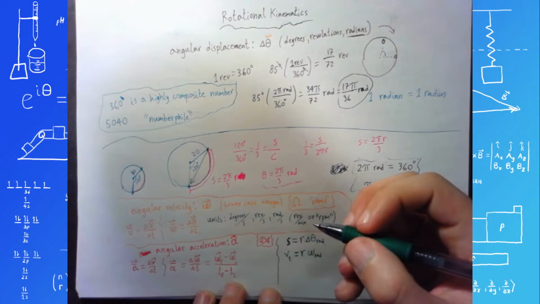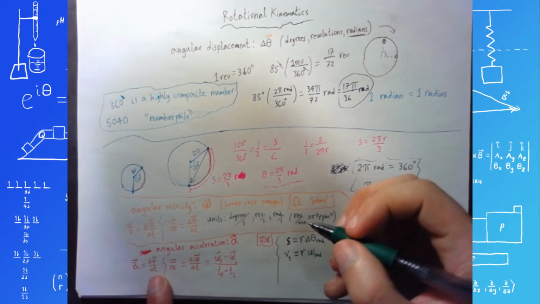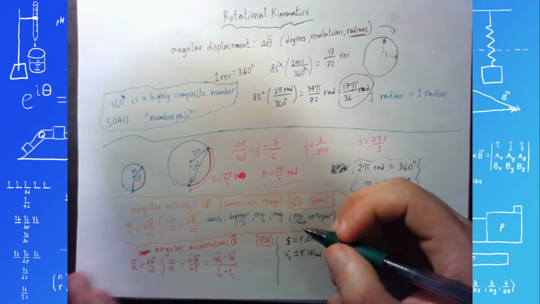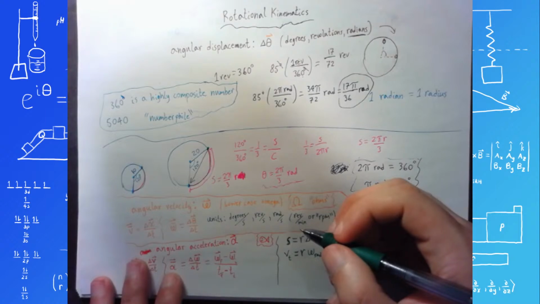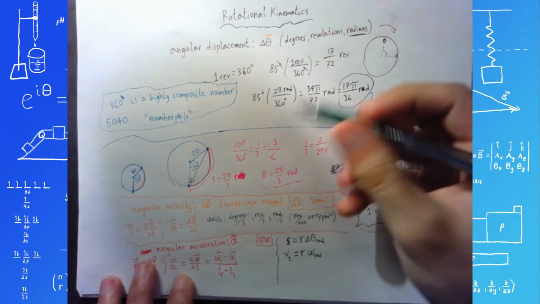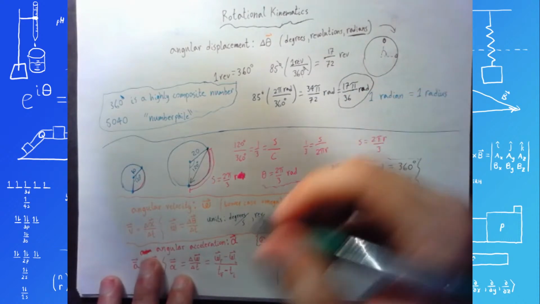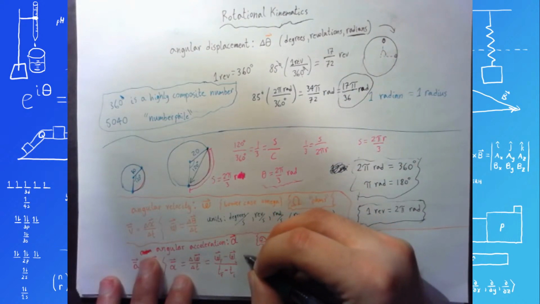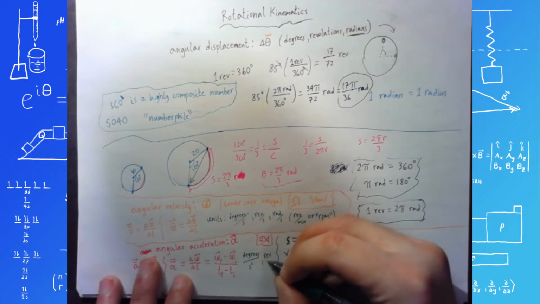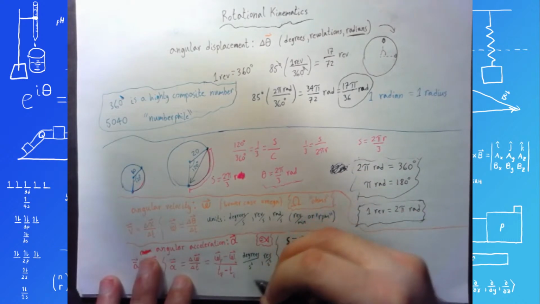Now with that out of the way, let's go ahead and talk about the same thing for angular acceleration. Linear, translational, or tangential acceleration will be in units of meters per second squared typically, but for angular acceleration it will be in units of degrees per second squared, or revolutions per second squared, or minute squared, or whatever.